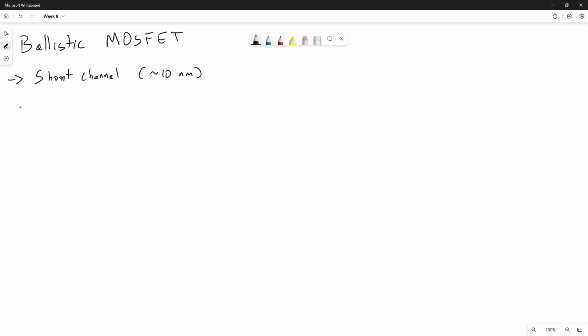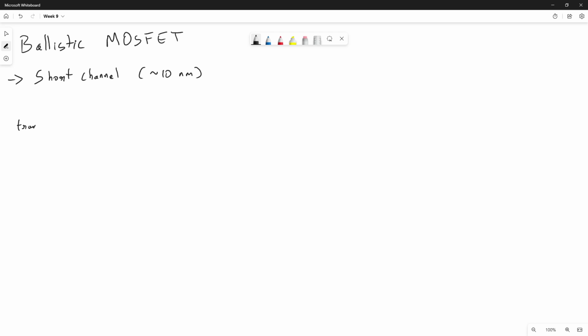Conductance? Or something else? So the transport characteristics.